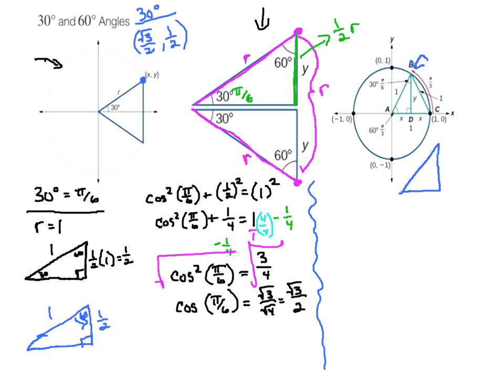So I have the 60-degree here, the 30's up here now, and so that 1/2 side is now opposite the 60-degree angle.